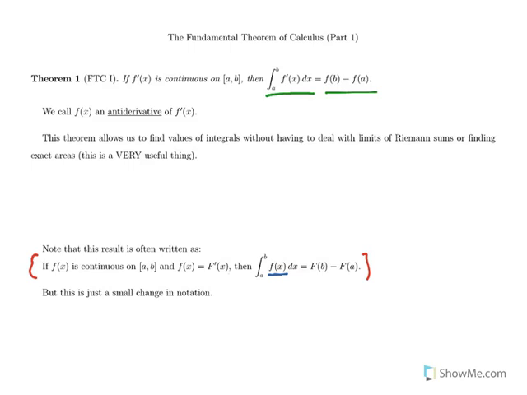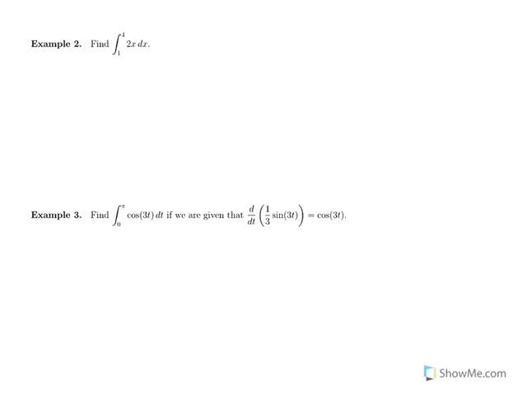So let's see this fundamental theorem of calculus at work, and see how it works. So first example, find the integral from 1 to 4 of 2x dx. So here, 2x is f prime. This is our derivative. So what we need to do is find a function, f of x, whose derivative is 2x.